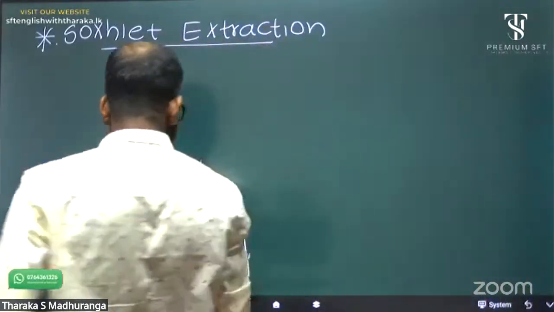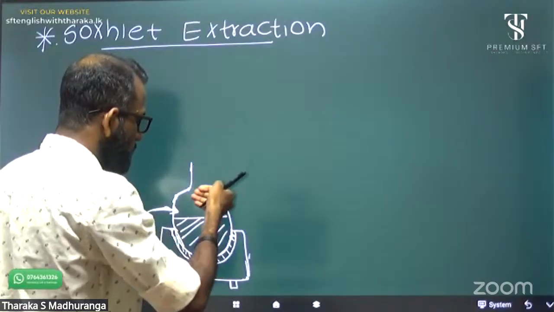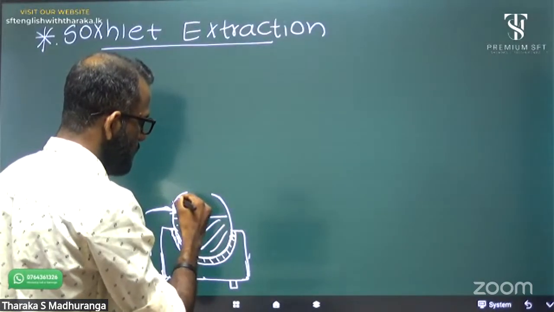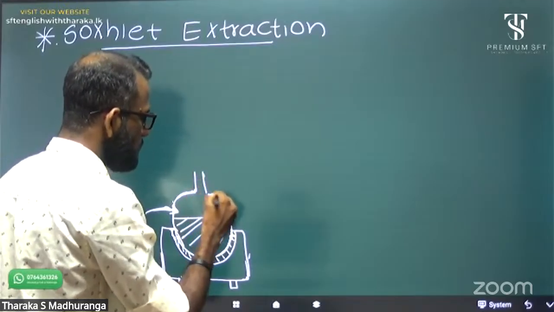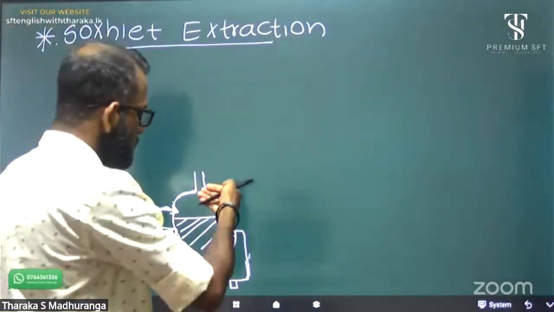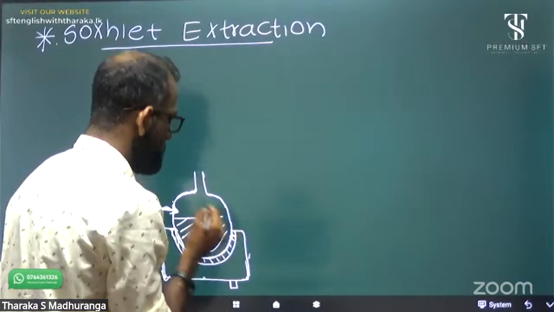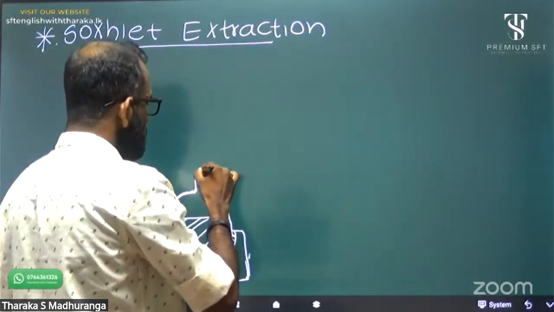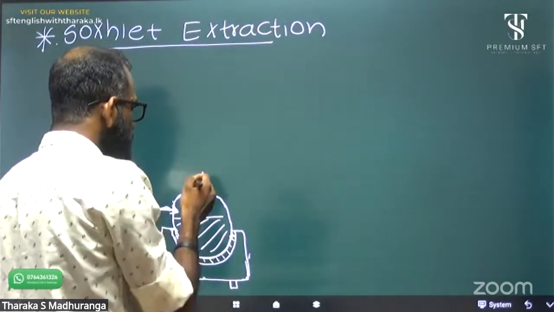It's another container, right? Okay, now make it. Okay, this is a round bottom flask. And this is a vapor carrying line, a vapor transferring line.